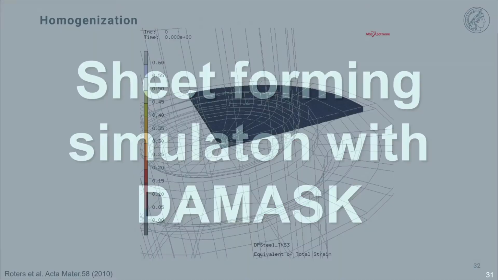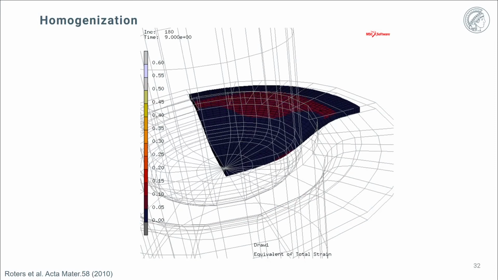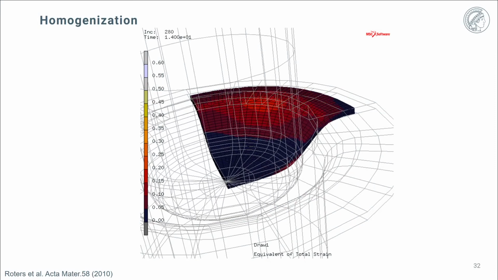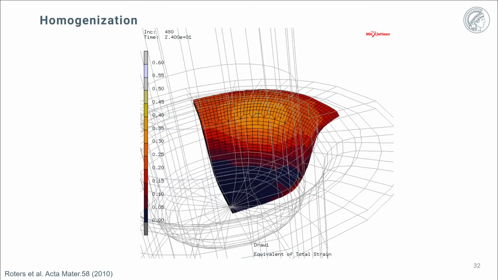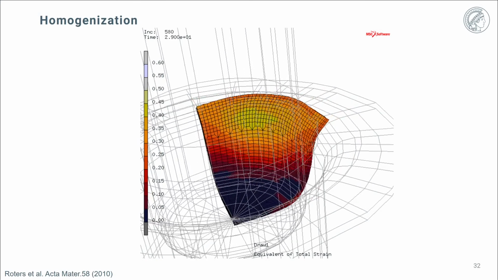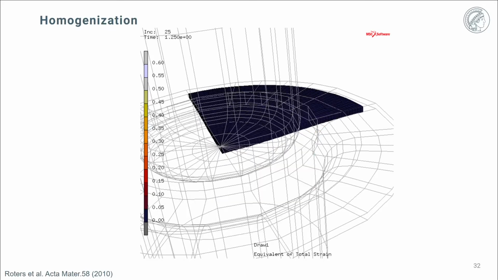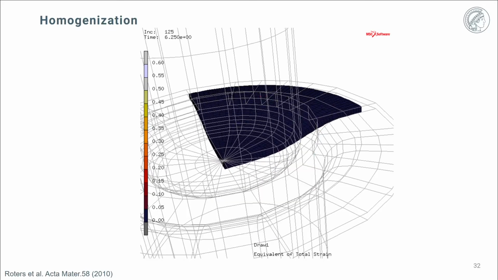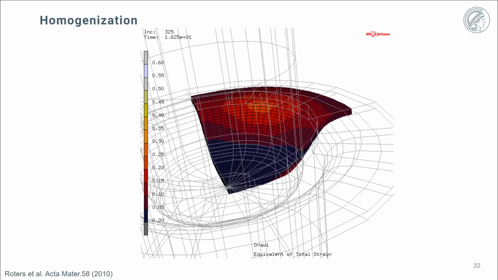Now let me show some recent examples from sheet forming simulations conducted with our DAMASK software package. Here we conduct a classical coupled simulation in a standard finite element solver, in a commercial solver, where we use one of our homogenization methods. So that means each integration point is representing such a chunk of material that I showed you before with an underlying homogenization method.